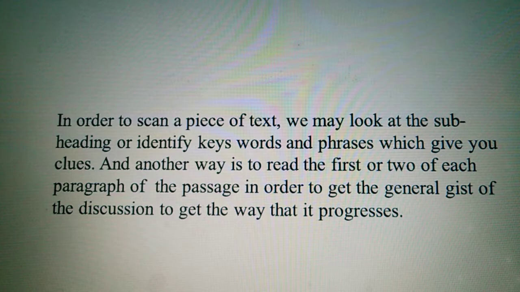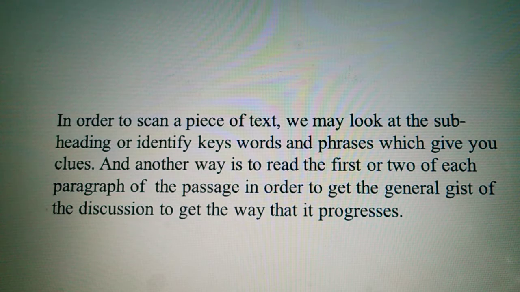Okay, in order to scan a piece of text, we may look at the subheadings and identify the keywords or phrases which give you clues. In some paragraphs, the main ideas, keywords, or grammatical functions are usually listed there, so they need to find them.